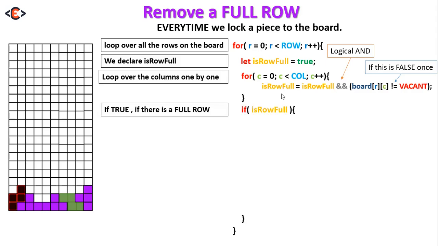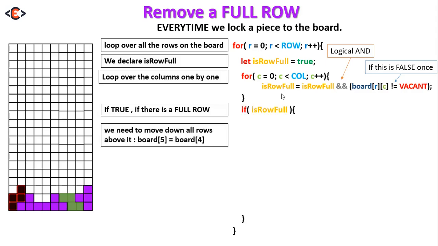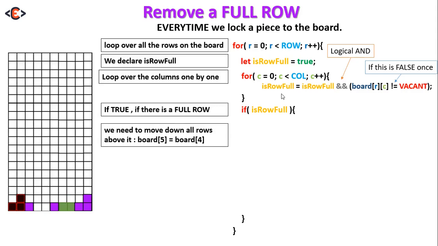then we need to move down all rows above it, like this, which means the first row becomes the second, becomes the third, becomes the fourth, and so on. So we need here to use a for loop. We start from the row which is full, until y is greater than 1, and then we decrement y by 1.